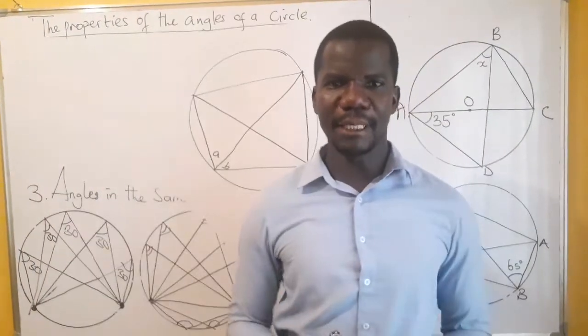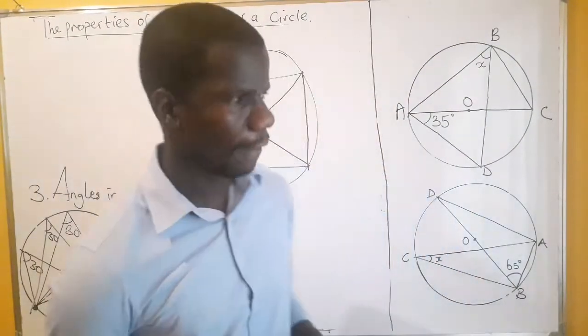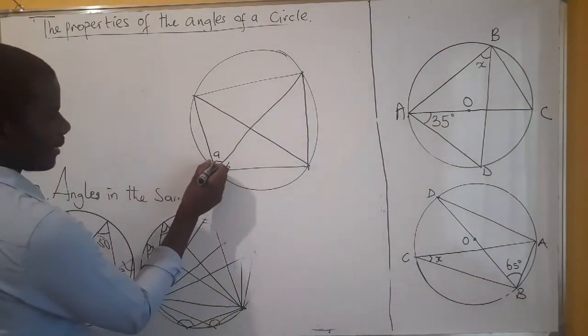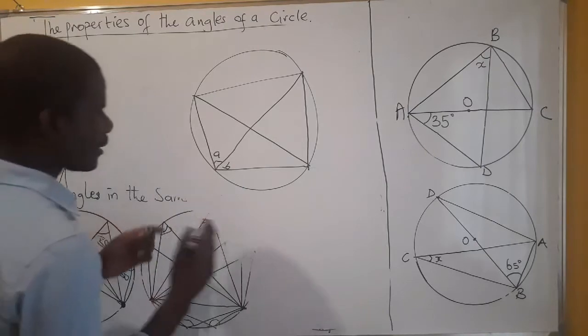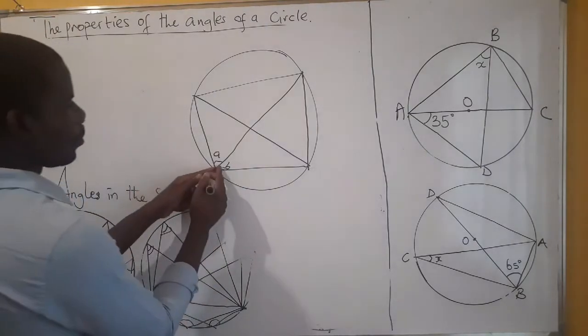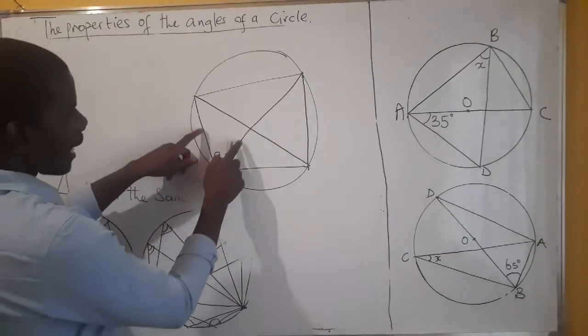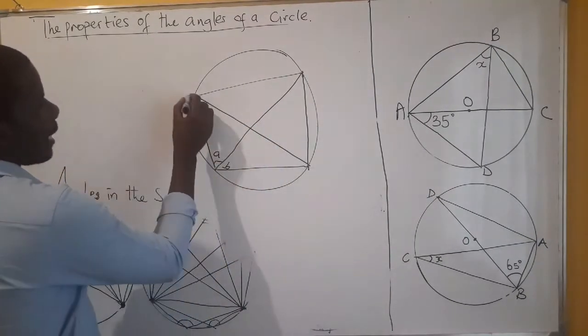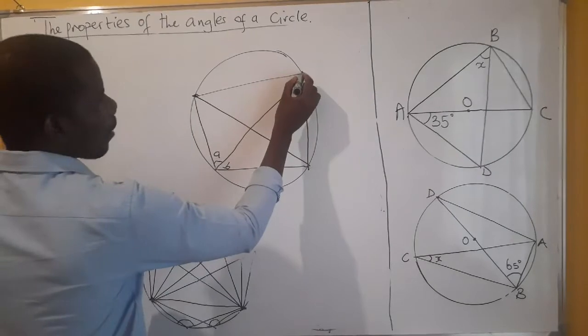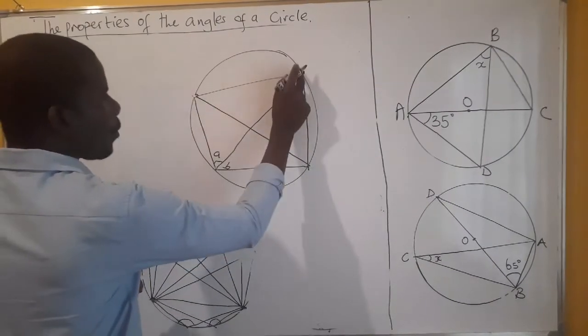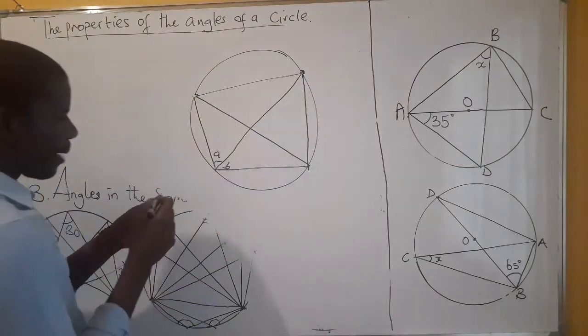Angles in the same segment. Which angle is equal to A? So you look at where A is. This is our A, isn't it? Let's call these two lines arms. If you want, you can follow these two arms to see where they're coming from. They're coming from this point and this one. Do we have other two lines that start from these two points and they also meet somewhere on the circumference?